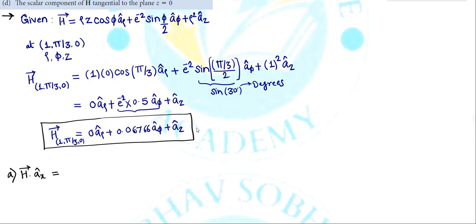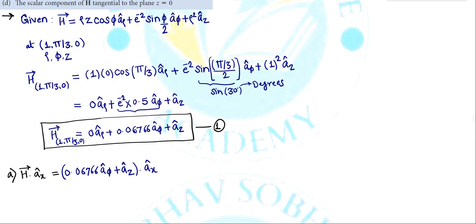So earlier we have found out this vector H, say from equation 1, which is 0 aero cap, so I am not going to rewrite that one since it is with the 0 component. What is left over here? We have that value to be 0.06766 A5 plus AZ cap, and then we have to take its dot product with respect to AX.